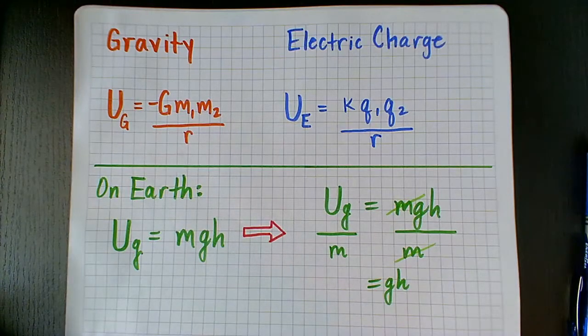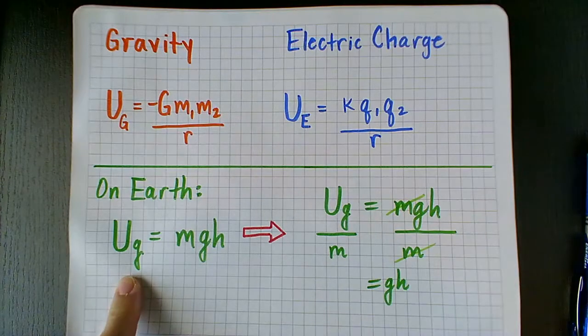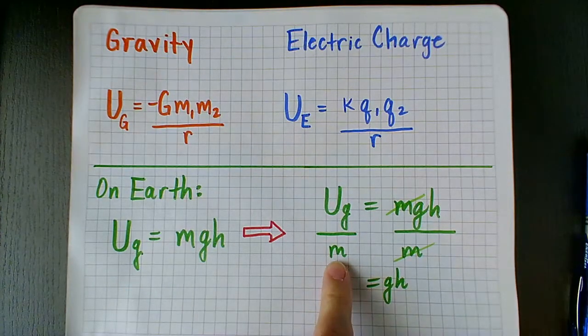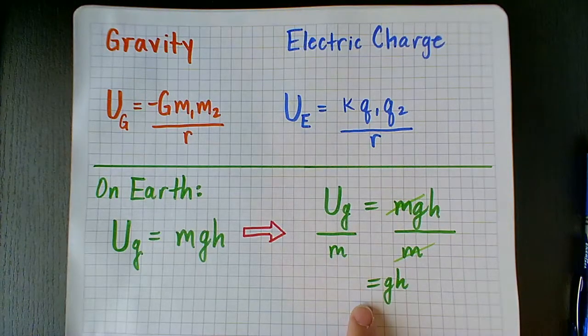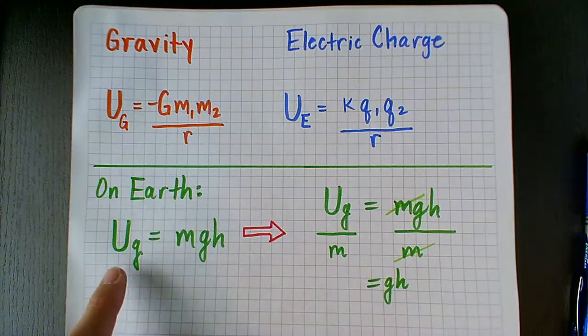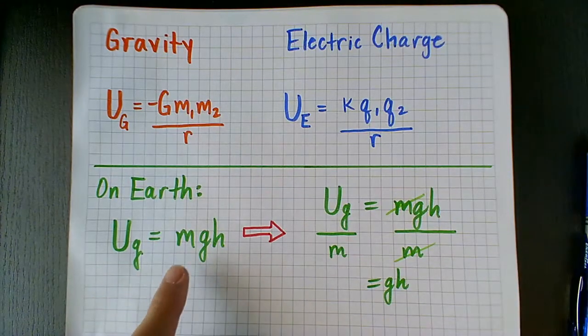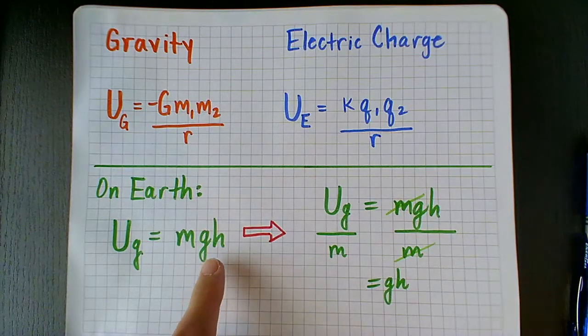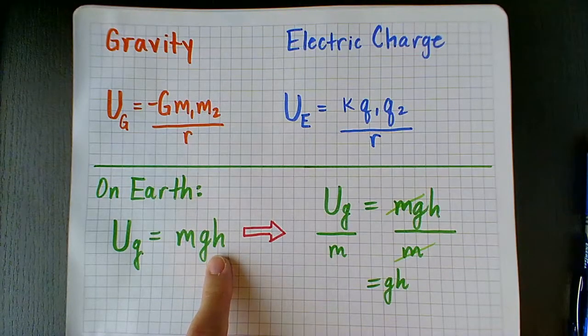Now, going back to our gravitational analogy, if we think of the gravitational potential energy per unit of mass, we've got the idea of gravitational potential. On Earth, gravitational potential energy is equal to the mass times little g, acceleration due to gravity, times the height above Earth's surface.